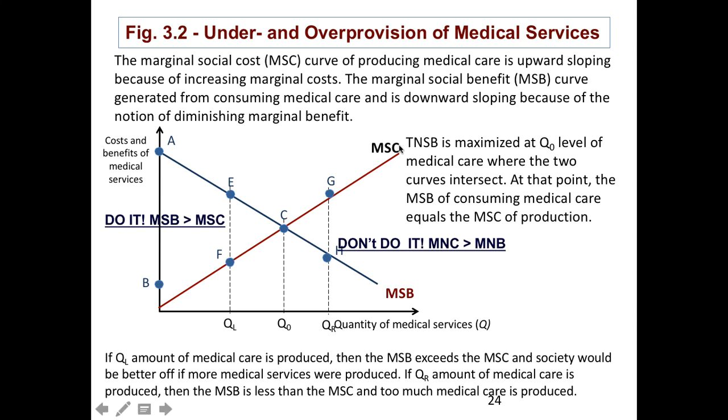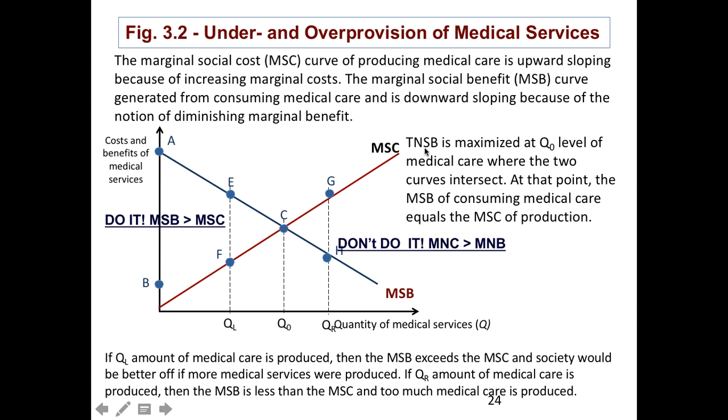The marginal social cost curve of producing medical care is upward sloping because of the increasing marginal cost. The marginal social benefit here is decreasing. It's downward sloping because of the notion of diminishing marginal benefit. Now, the intersection of these two is the Q naught that we had in the previous graph.